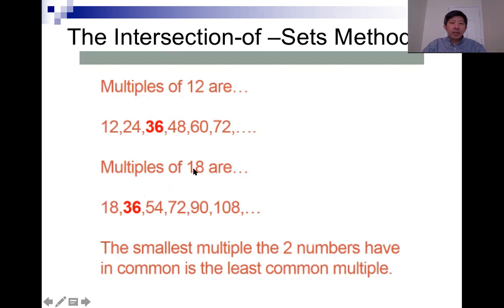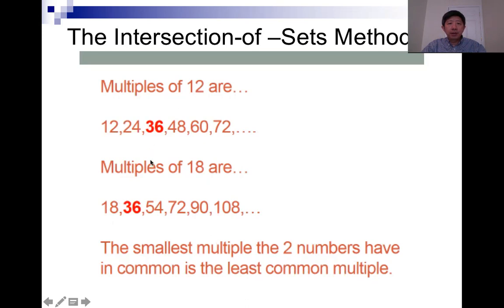So now 18 times 1 is 18, times 2 is 36, times 3 is 54, times 4 is 72, times 5 is 90, times 6 is 108. So now you can observe from this set of numbers and this set of numbers which number is common.